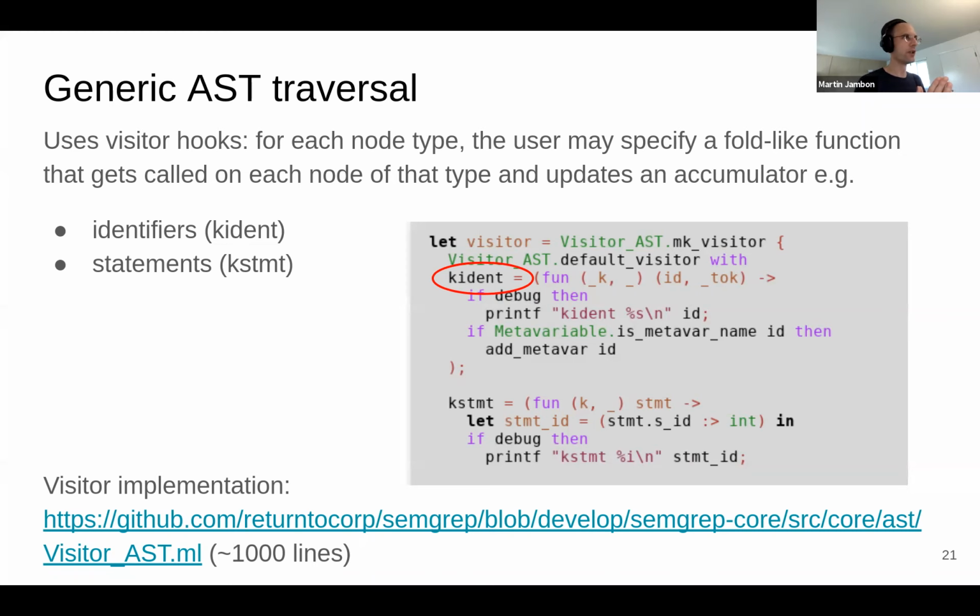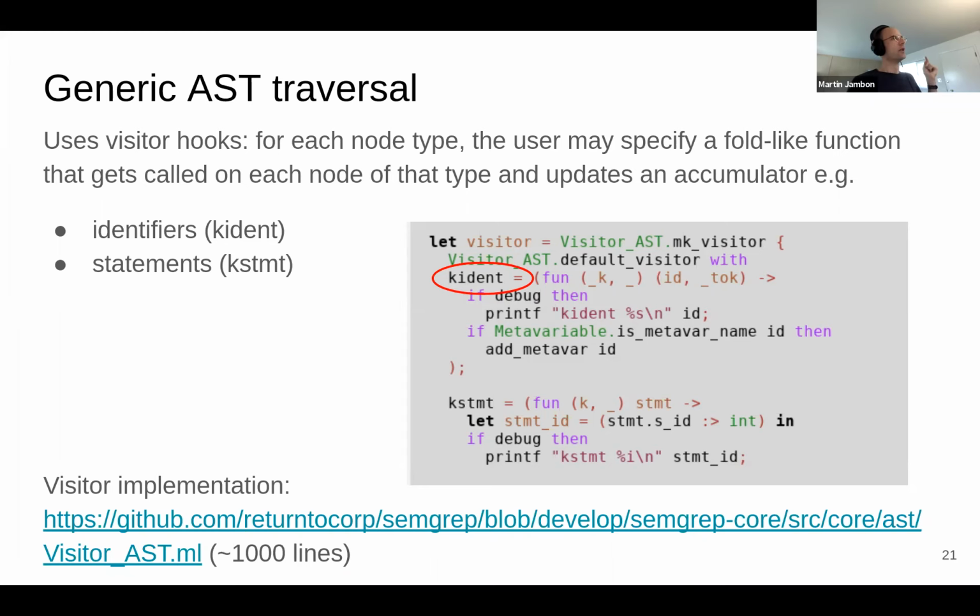So if you look at the k ident identifier here, that's a field in an OCaml record. If you're familiar with the visitor pattern, that's great. Otherwise, I'm going to explain it. There is a generic function that's written once and for all that will visit all the kinds of nodes in the tree.